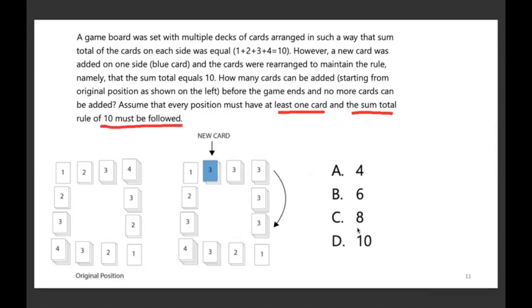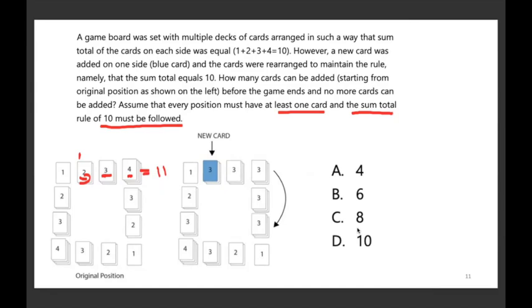There are 3 cards here, that's why 3, and there are 4 cards here, that's why the number 4. When I add 1 card in this position, instead of 2 this becomes 3 cards. So that's why 3 is written here. In order to maintain the rule where each side equals 10, that is 1 plus 2 plus 3 plus 4 equal to 10, when I add a card numbered 3, the addition will be 11, when this becomes 3.